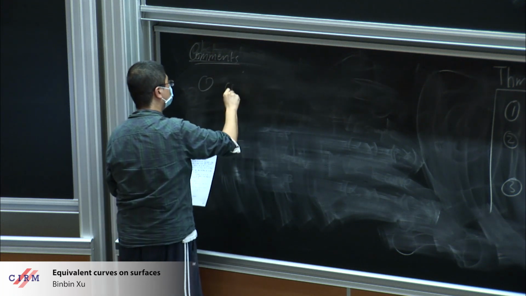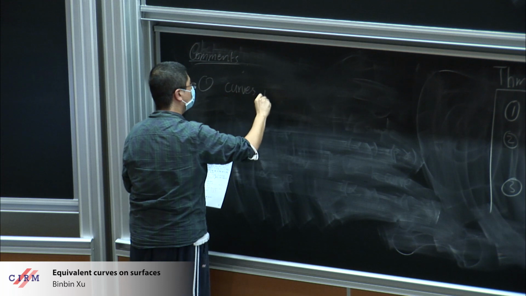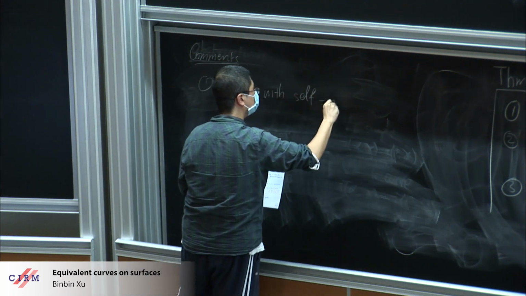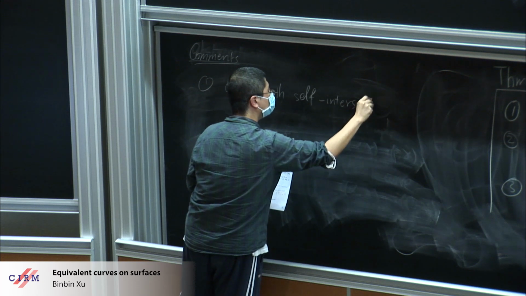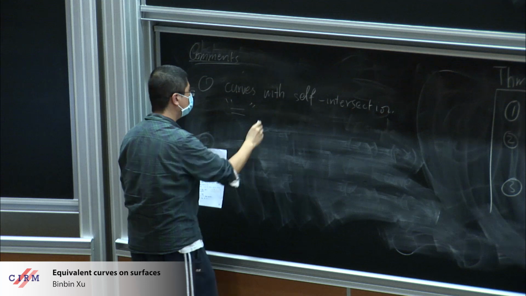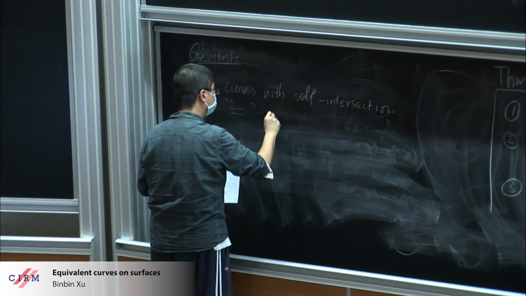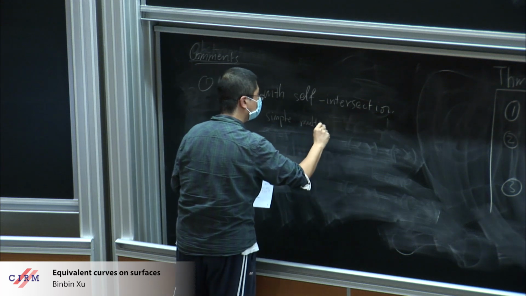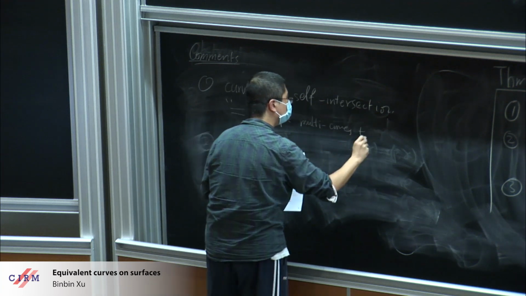Curves with self-intersection can be formally considered as simple multi-curves plus some crossings.